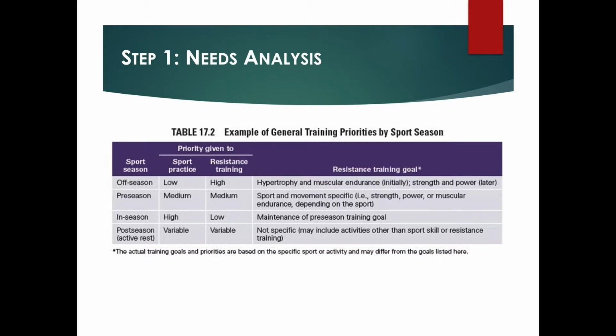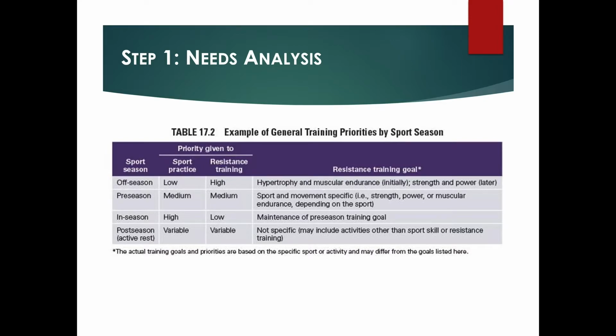Then you have preseason. If you're looking at football, the off season would be basically January to maybe May. And then the preseason would be throughout the summer, leading up to August when the season really starts. So here, do more sport movement specific: high strength, power, endurance, depending on the sport.